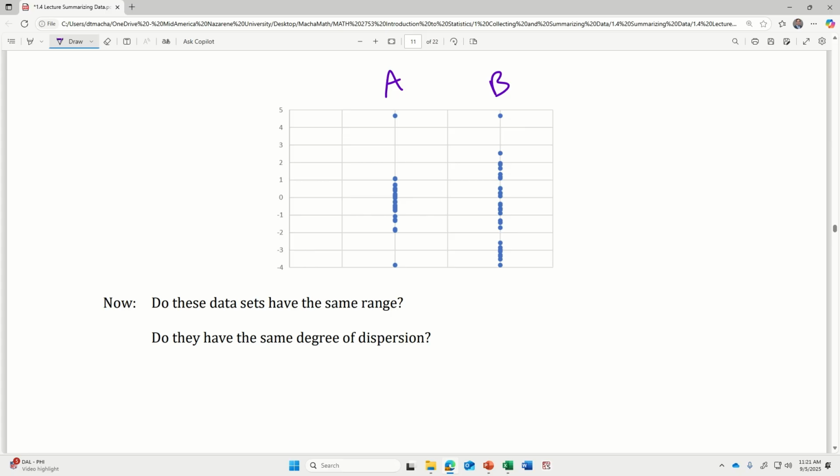And so yeah, these data sets have the same range. But would you say that A and B have the same degree of dispersion? No. B is more dispersed, right? We've still spread out the measurements in B more so than A.